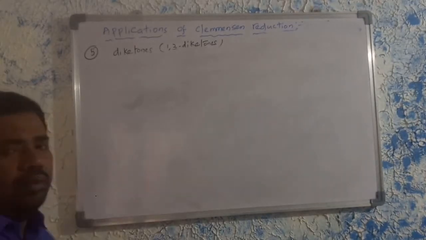So we will see one more example in the 1,3 diketones case. CH3 here, C double bond O, C double bond O, react with zinc amalgam HCl.